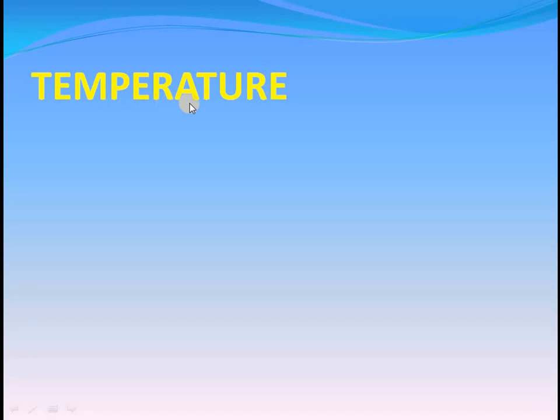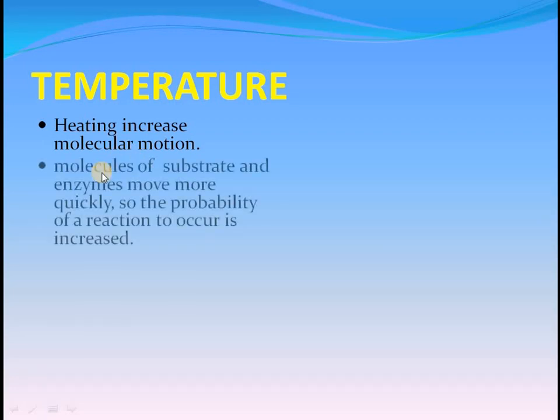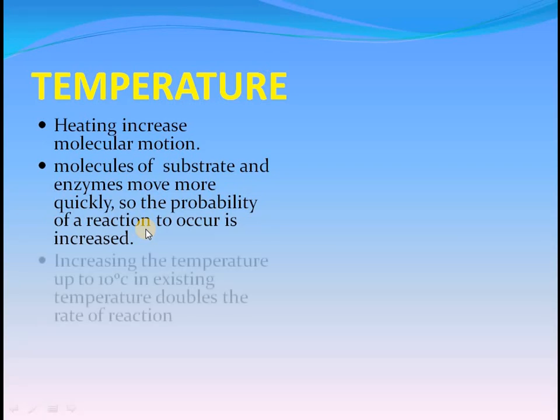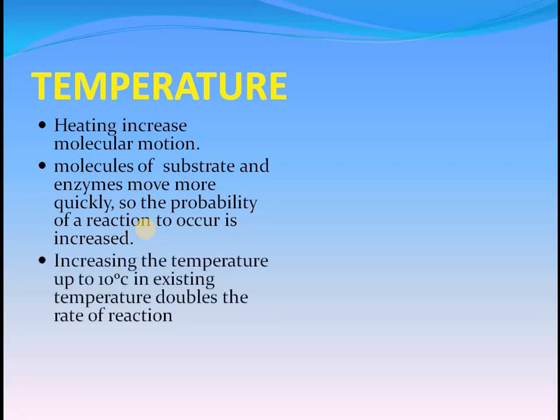What is temperature? Basically, temperature is the average kinetic energy of the particles in a system. So, on heating, there is an increase in molecular motion of that system. Molecules of substrate and enzymes move more quickly, so the probability of the reaction occurring is increased.